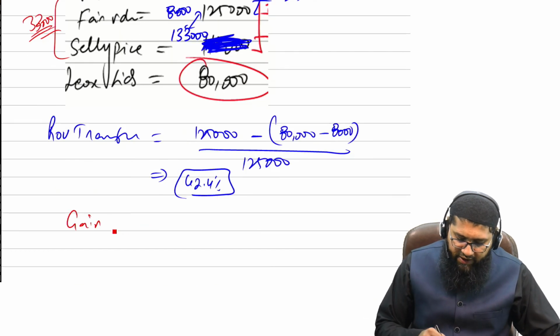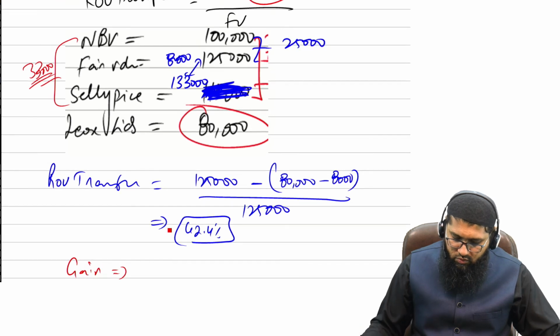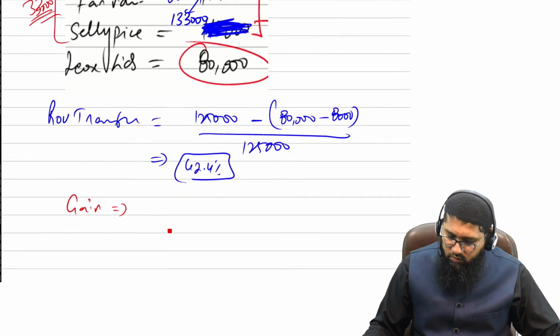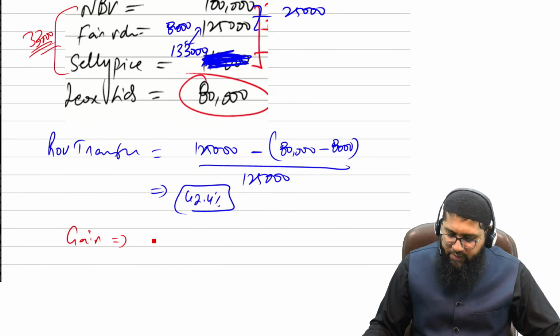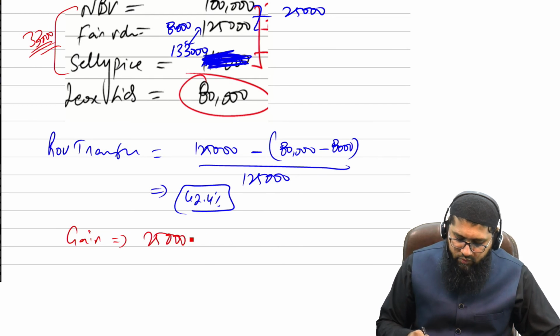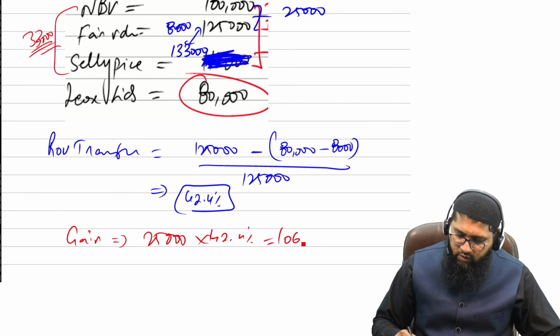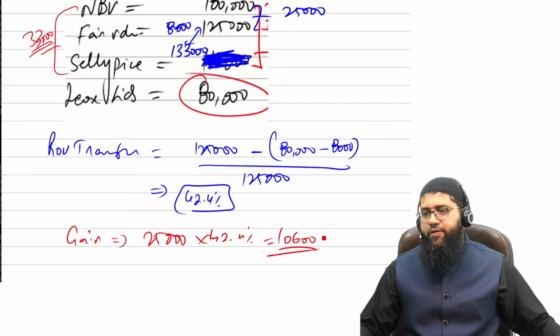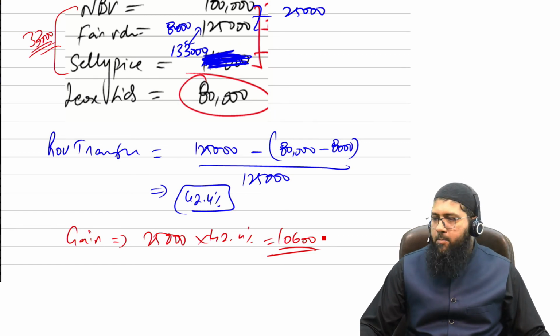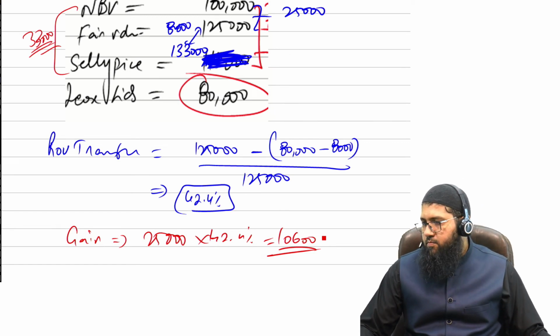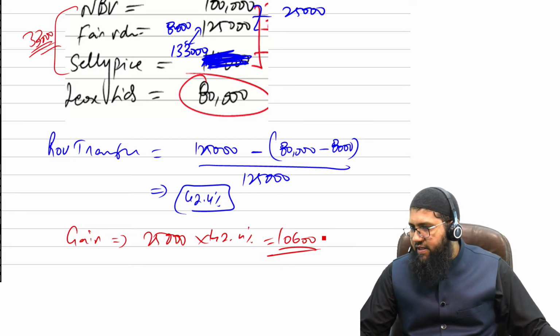The gain that you have to recognize is 25,000 into 42.4%, which gives you 10,600. Yes, the ROU is always going to be the balancing figure in this.